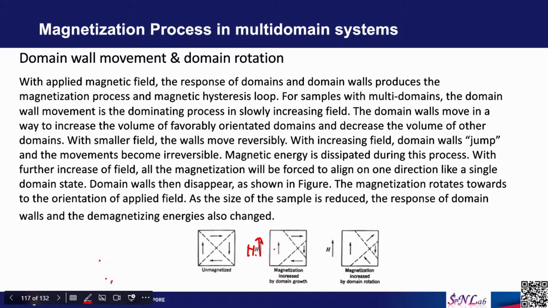Initially the domain wall was here, and you can see that this domain wall has moved. So, the domains which are in the same direction as the applied magnetic field expand. This kind of reversal mechanism is called domain wall motion.